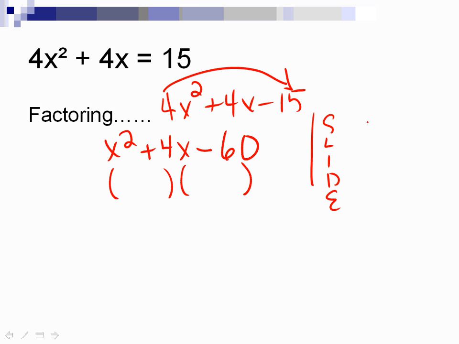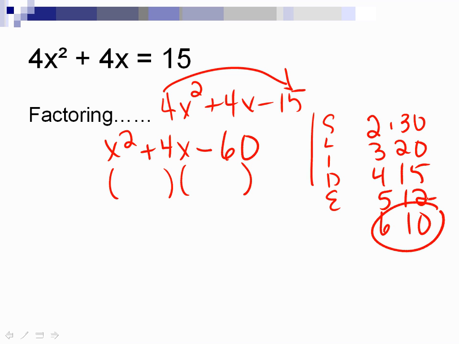I'm going to make a little list: 2 times 30, 3 times 20, 4 times 15, 5 times 12, or 6 times 10. So this is x plus and x minus. No, I have 2 different signs, don't I? Which one's going to be positive? The 10's positive, the 6 is negative.